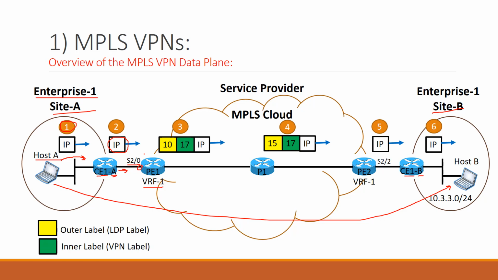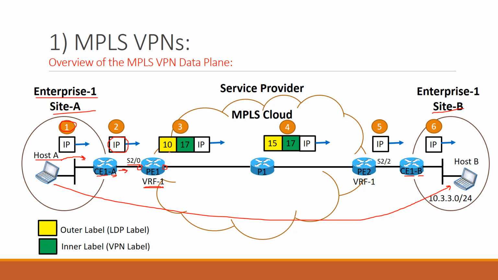More details will come in the next slides. This is not an update, this is the packet that needs to be forwarded. So PE1 will check VRF1. What is inside VRF1? It will check the CEF forwarding information base and decide that the packet should be forwarded out of this interface.